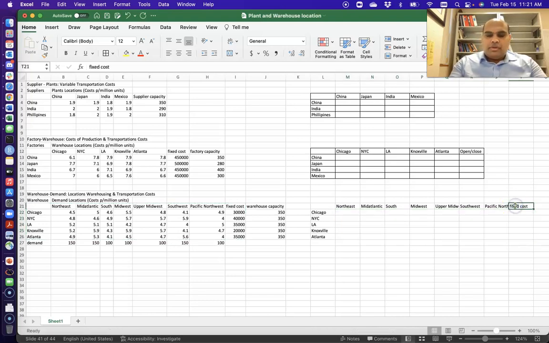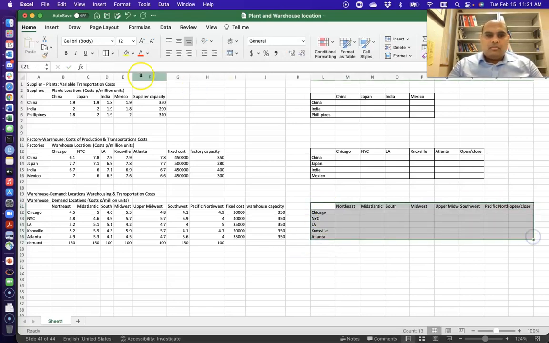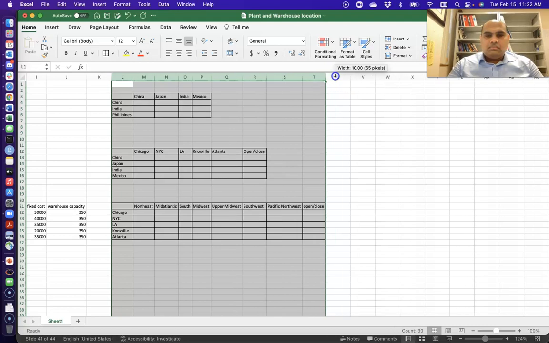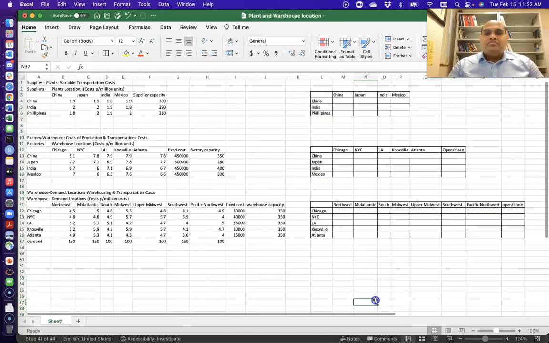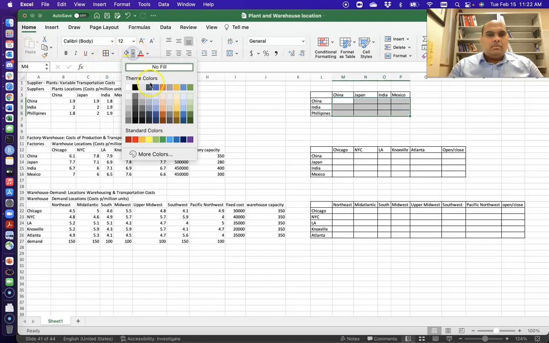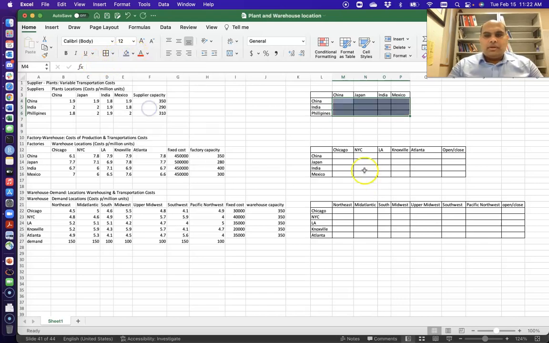So this is also going to be an open close variable, right? Okay, good. So here we have, I'm just going to color my decision variables like I usually do.